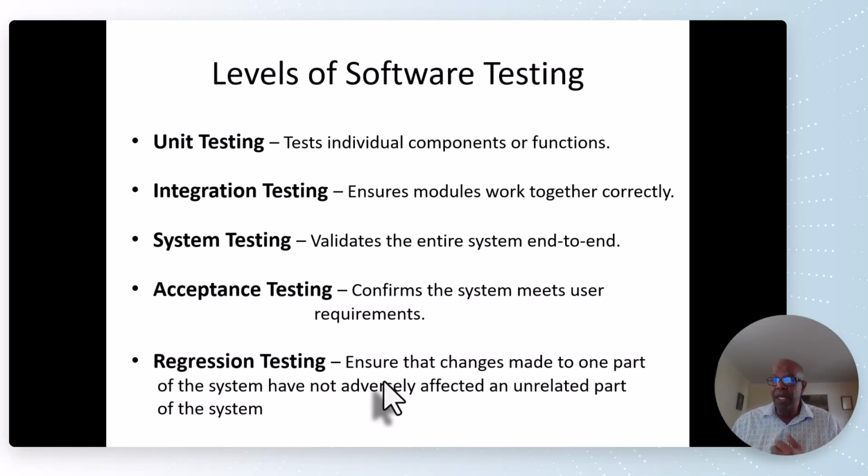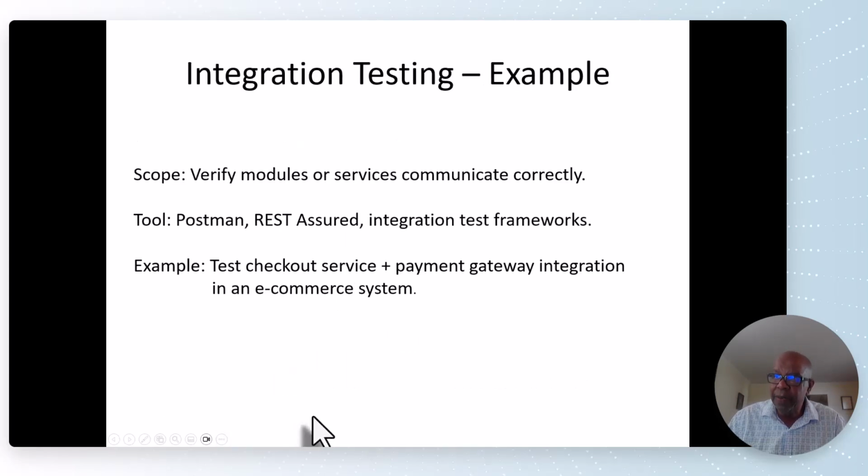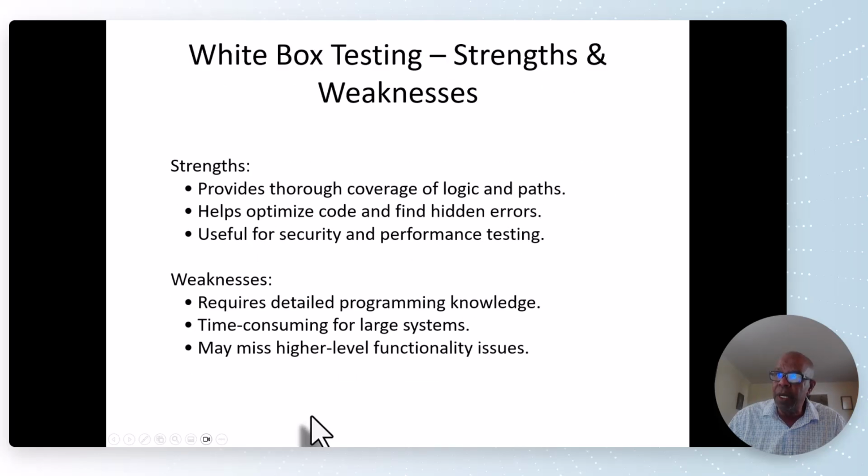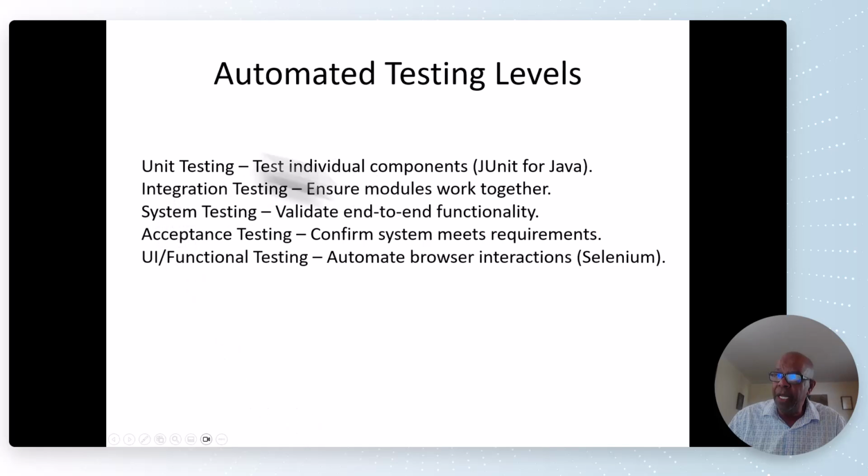Regression testing is ideal for automated testing, because you can pre-program or set up automated tests so that whenever you make any change, you run the automated test. That is better than having to run tests manually whenever changes take place. Black box, white box, automated: all of these are candidates for automated testing.